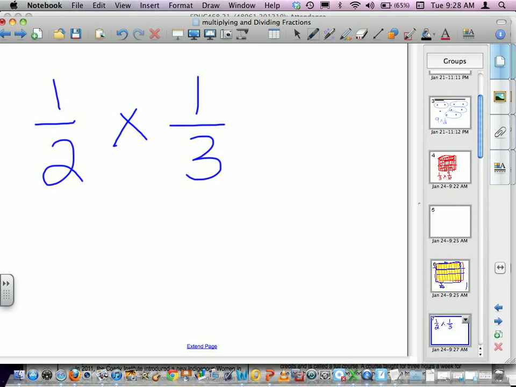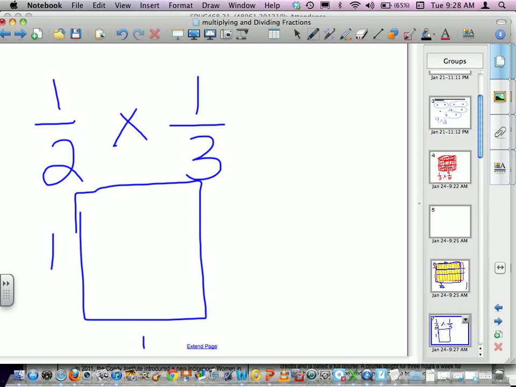Right now, we're going to assume that the length and width of this are 1 by 1. This is a unit square, so it's 1 unit by 1 unit. If I want to show a rectangle that has a height of 1/2, how can I show that? What would I have to do to this? Fold it in half. Let's do that.